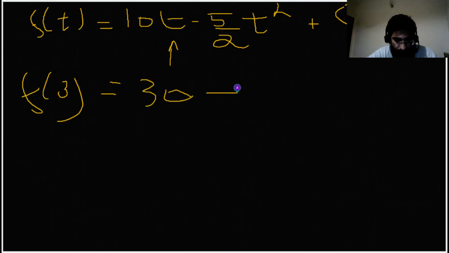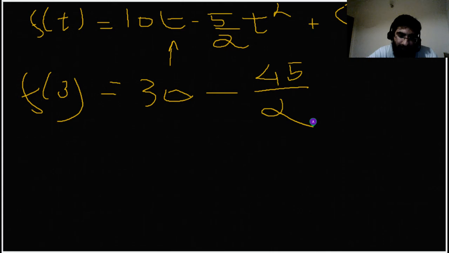30 minus 3 squared is what, sir? 9. 9 into 2 is what, sir? 18. Then 5 by 2 into 9. Answer plus 30.